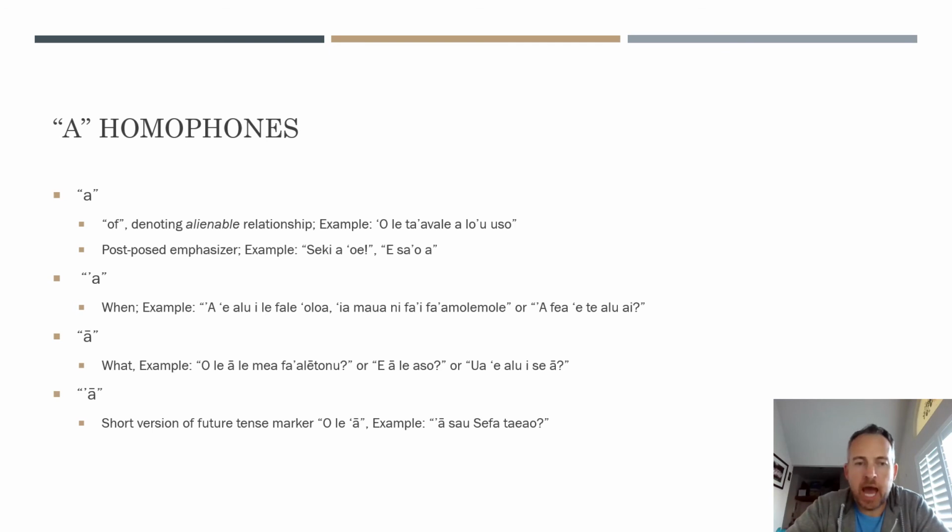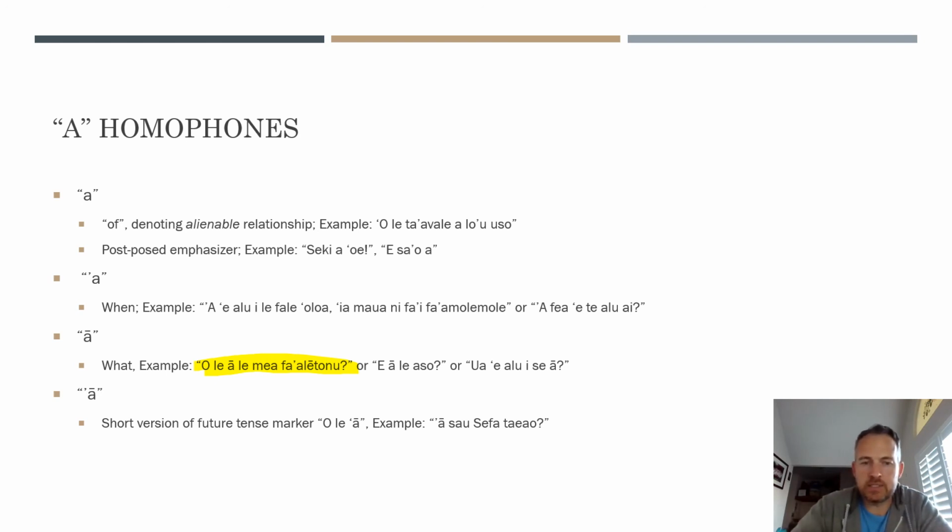With just a macron, this is the question word for what. Just like fea is a stand-in for when or where, "a" is the stand-in for a thing, like an object that you're asking about. An example here is a standard sort of question in Samoan: "O le a le mea fa'ale tonu?" Those of you growing up in a Samoan home probably heard this. It roughly translates to, "Hey, what's the problem?"